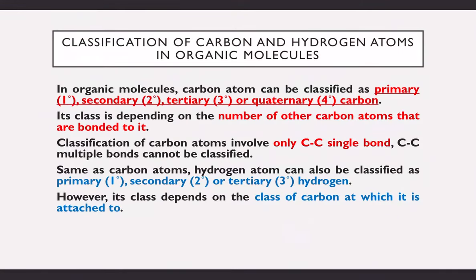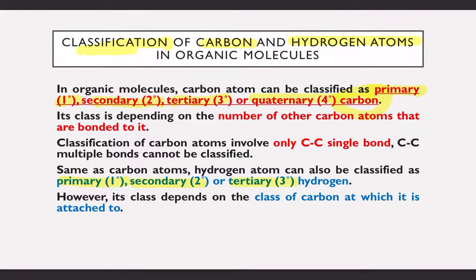Alright, now you can also classify your carbon and hydrogen atoms in your organic molecules. So there are classes: primary, secondary and tertiary, and there is also quaternary for carbon. Your hydrogen can also be primary, secondary and tertiary.